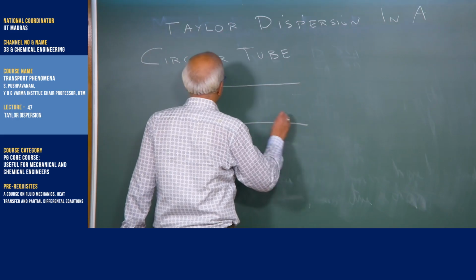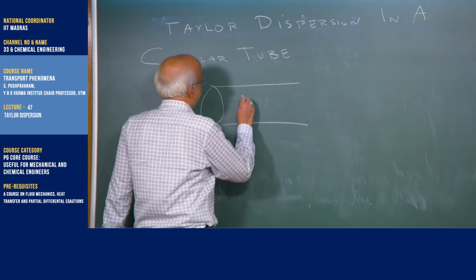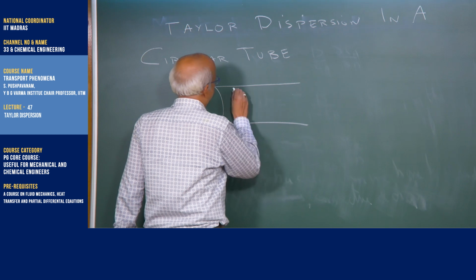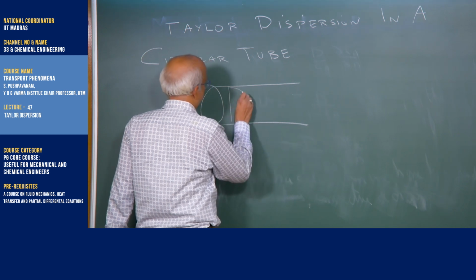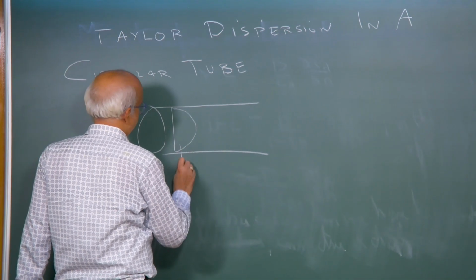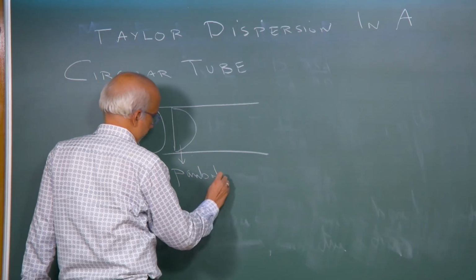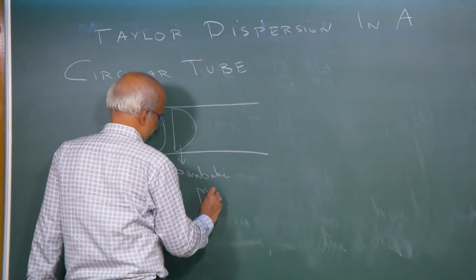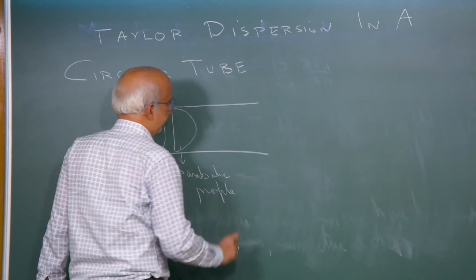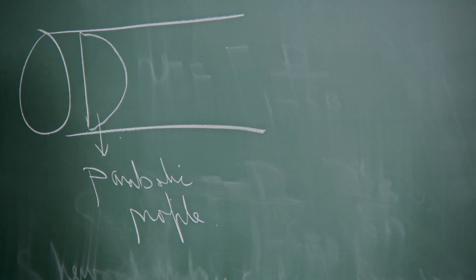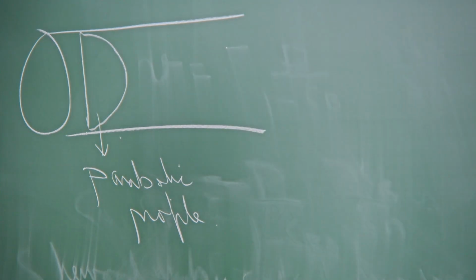So, we have the circle, and you have a parabolic velocity profile, laminar flow. We did a similar problem earlier, not exactly the same, but slightly different.